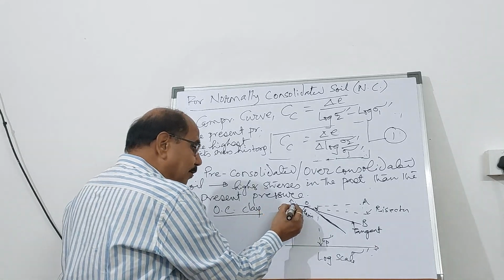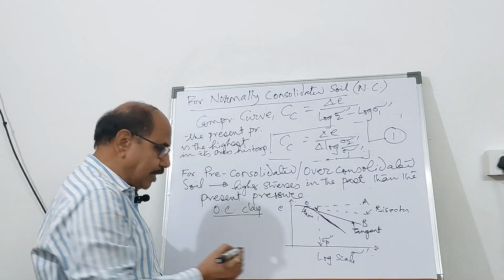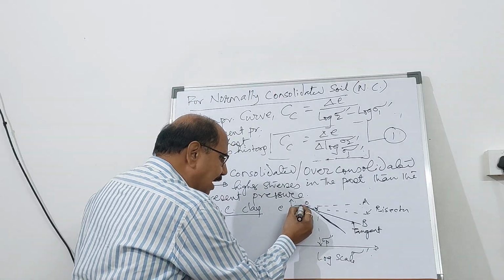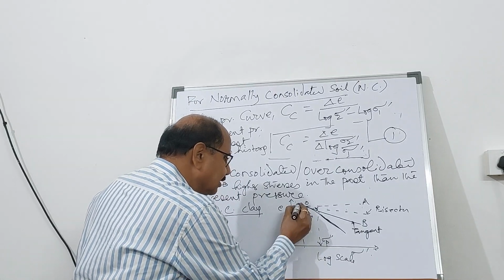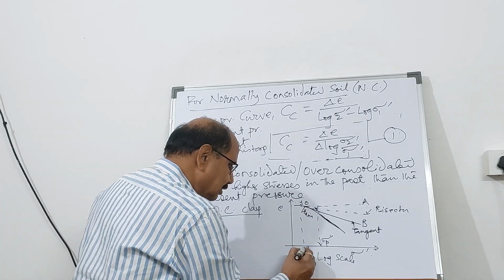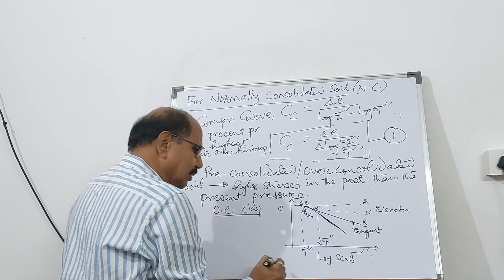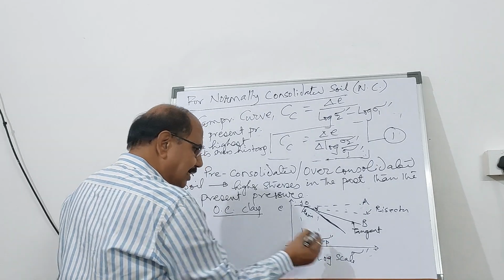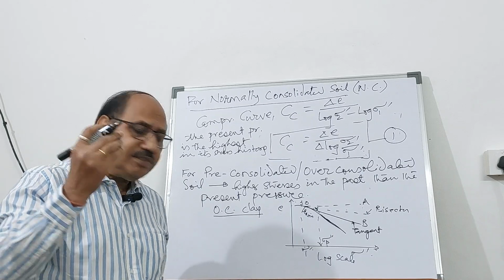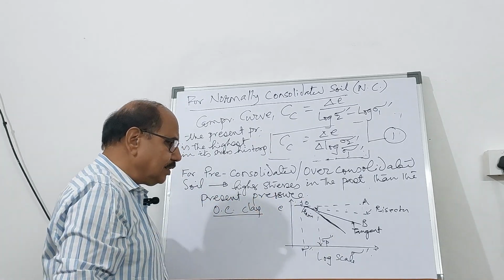So your present pressure may be less than this pre-consolidation pressure. So what you are applying is somewhere here at point 1, which is sigma 1 prime. Now sigma 1 prime is quite a bit less than sigma p prime, but the soil in the past has been subjected to sigma p prime.